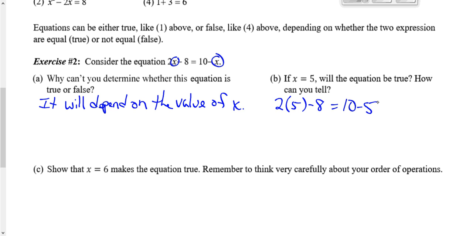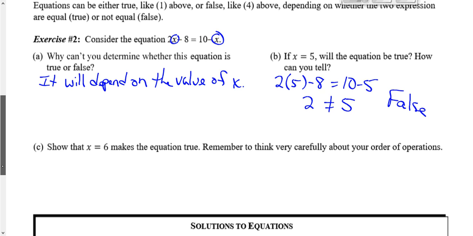So that would be 10 minus 8, which is 2, and does not equal 5. So we would say false here. Not true.